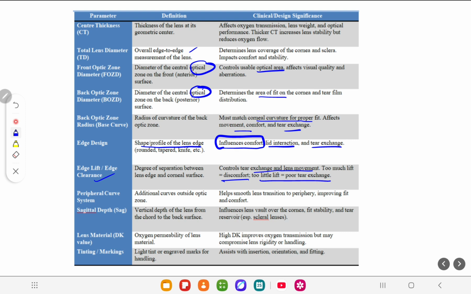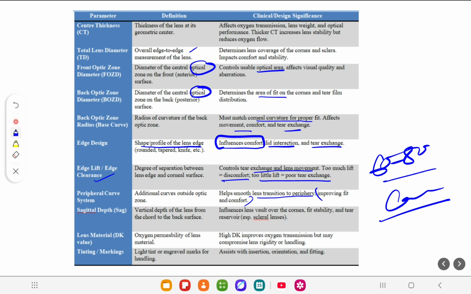That's why we are talking about 60 to 80 micrometers in the case of corneal lenses. Just remember, in the case of corneal lenses, the peripheral curve system is an additional curve outside of the optical zone. What it does is give a smooth lens transition to the periphery. The really important work is to improve fit and comfort. That's important. The importance of the peripheral curve is in fitting and comfort.